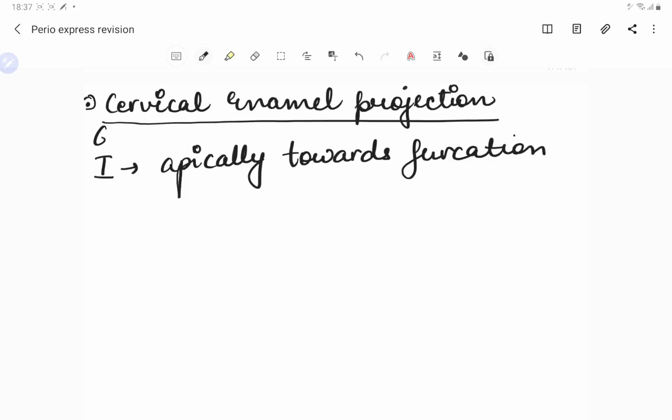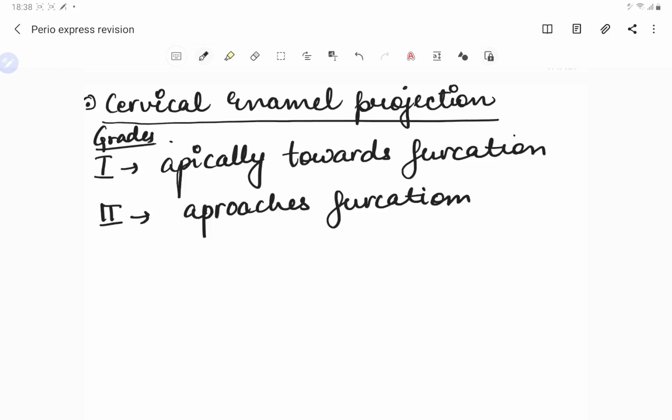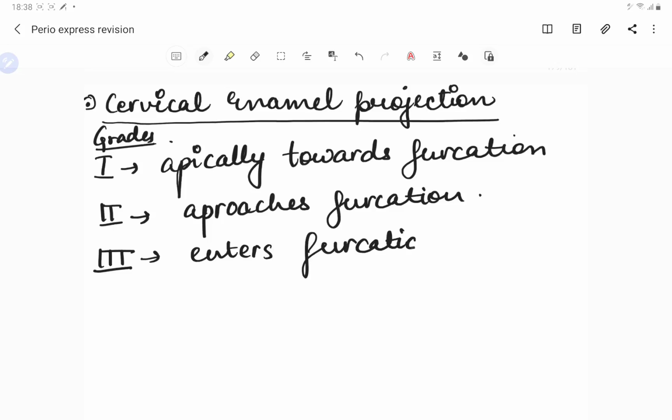Grade 2 is when the enamel projection approaches the furcation. Approaches means it has not reached yet, but it is close enough. And grade 3 is when it enters the furcation.